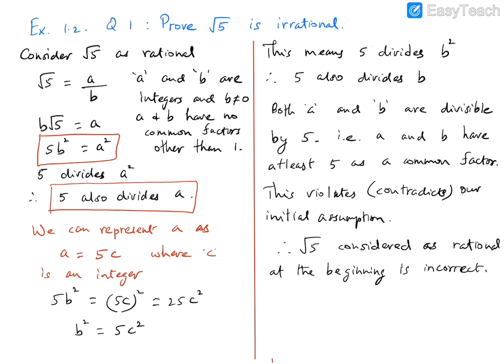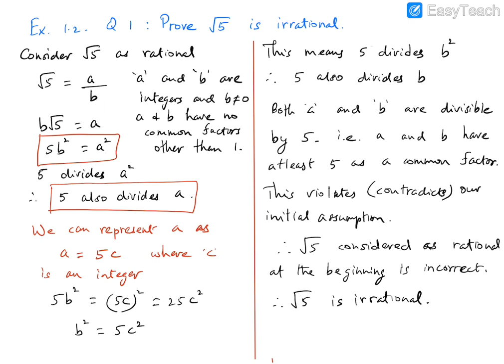Our initial assumption is being contradicted here. So we conclude that root 5 is irrational.